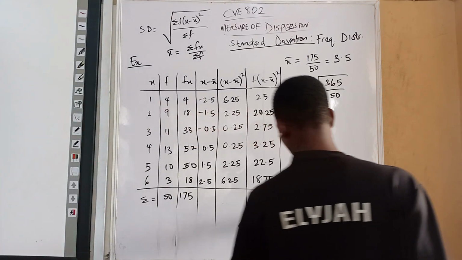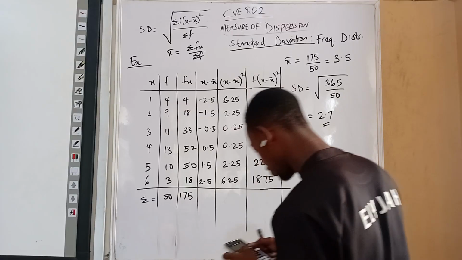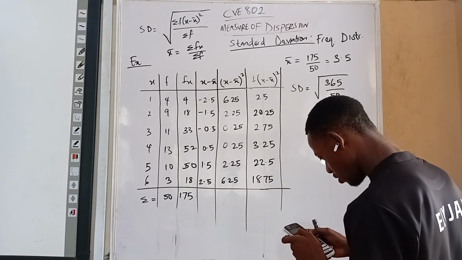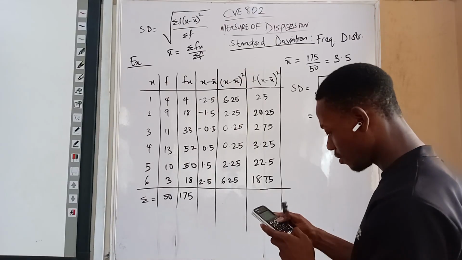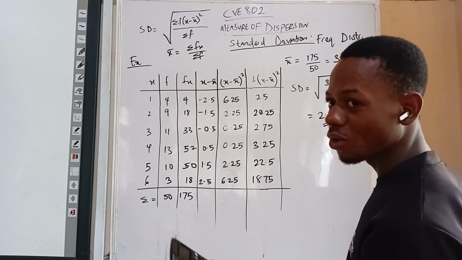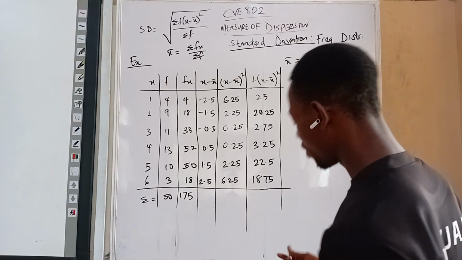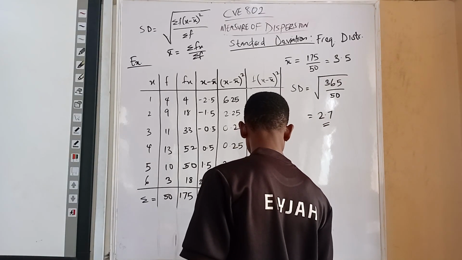Sorry, I think I must have pressed the calculator wrong. It is not 365 if you add it together. Oh, I wrote 275 instead of 2.75. So now it's 92.75.